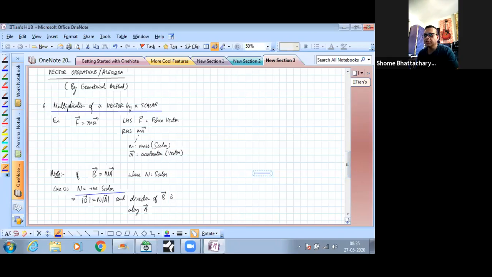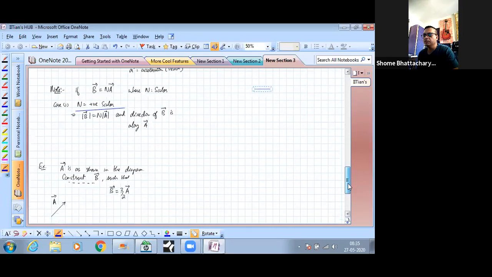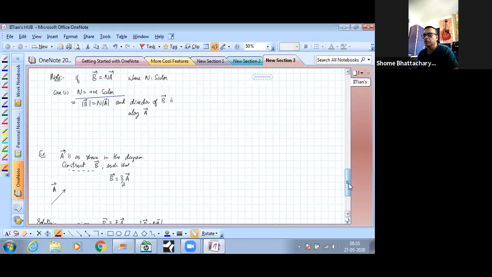Okay, so hope this part is clear. So just repeating, we are looking at the operation where you multiply a vector by a scalar quantity. So there are two cases of that. The first case is if the quantity we are multiplying is a positive quantity.